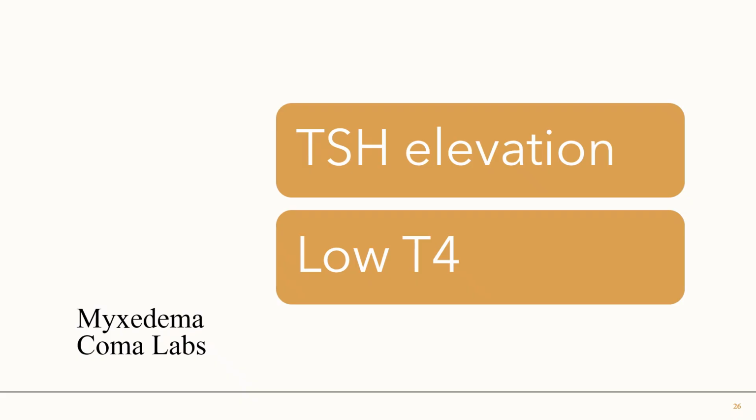TSH is the first test to order if hypothyroidism symptoms are suspected. Patients with myxedema have primary hypothyroidism with a high TSH level and low T4 level, but there are no specific lab tests to evaluate for this.